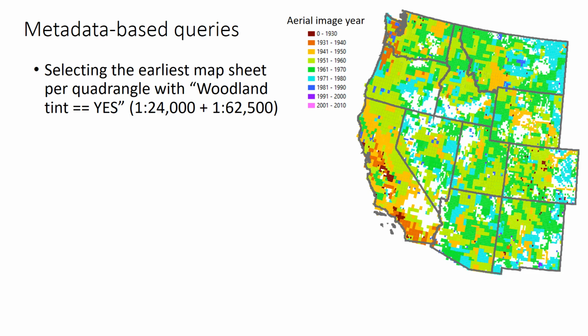For example, if we're interested in historical forest extents, we can query the earliest map per quadrangle that actually contains woodland tint, so in which the forests are depicted. We can also constrain this to specific map scales, and then based on the query result we can visualize the year in which the aerial image was acquired that underlies each historical map.